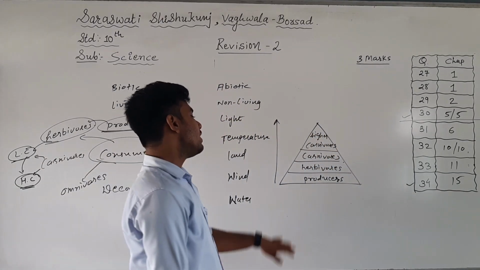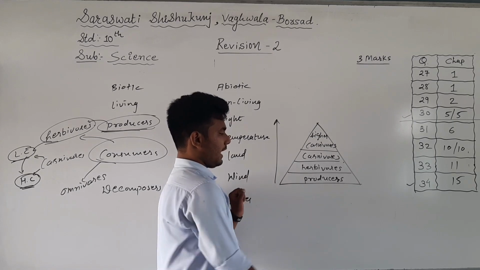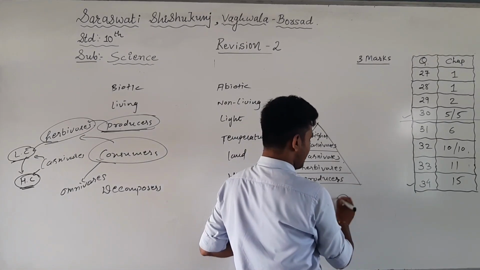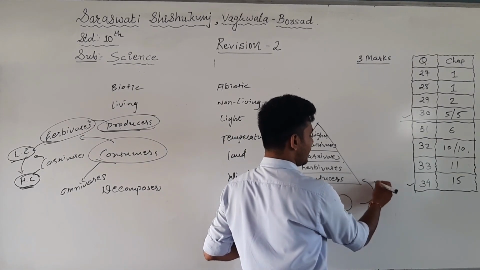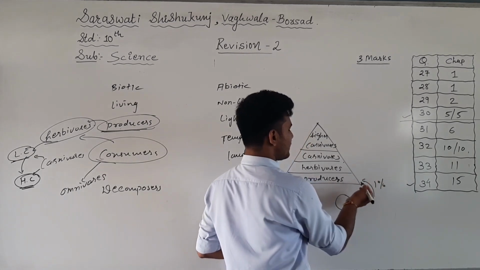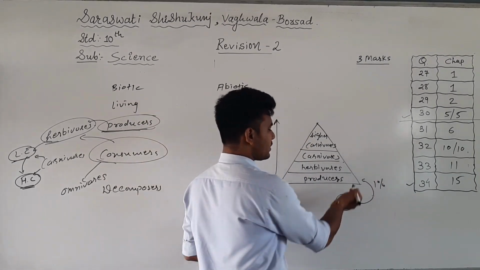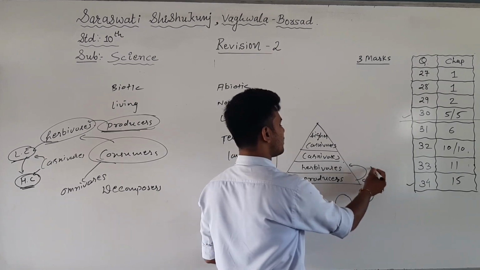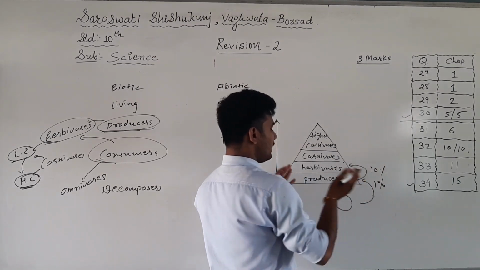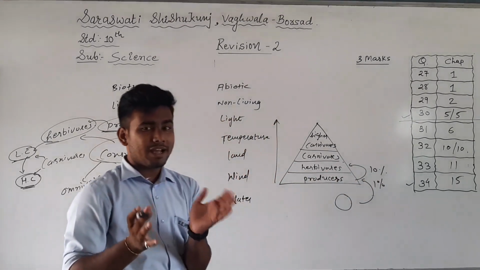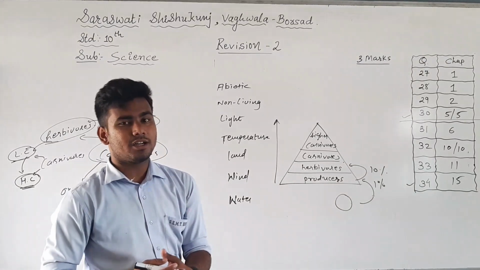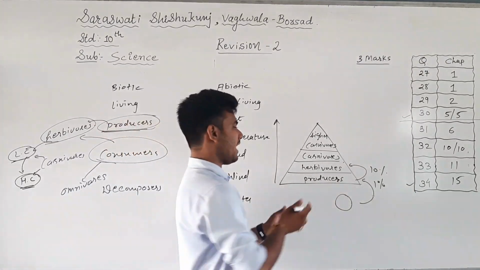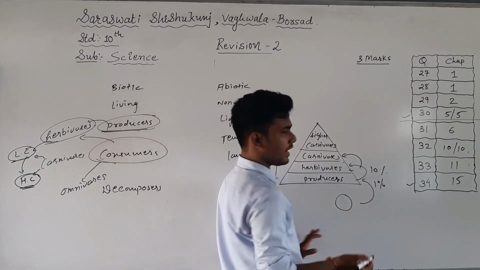Also, we can understand the flow of energy from the sun. Producers take only 1% of energy, and producers use that energy for life processes and transfer only 10% of energy to herbivores. The energy received by herbivores, they also use for life processes and maintaining life, and they send only 10% to carnivores.